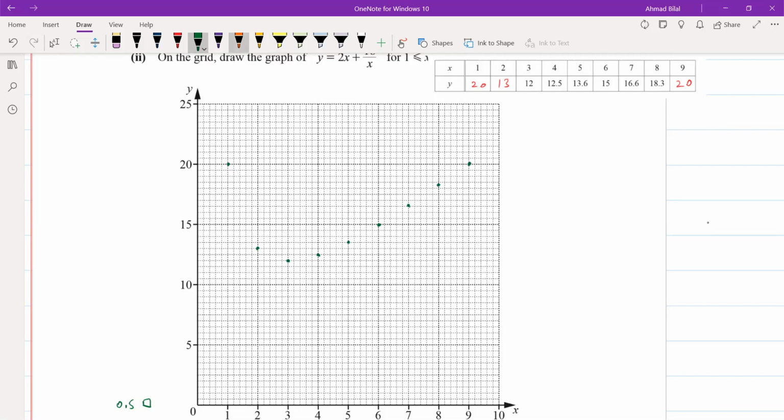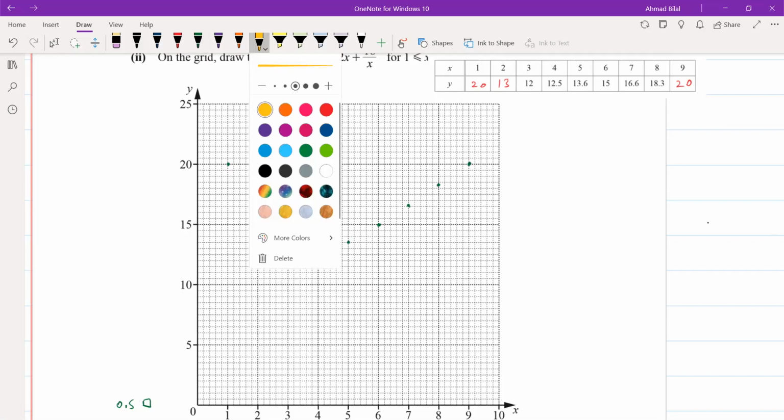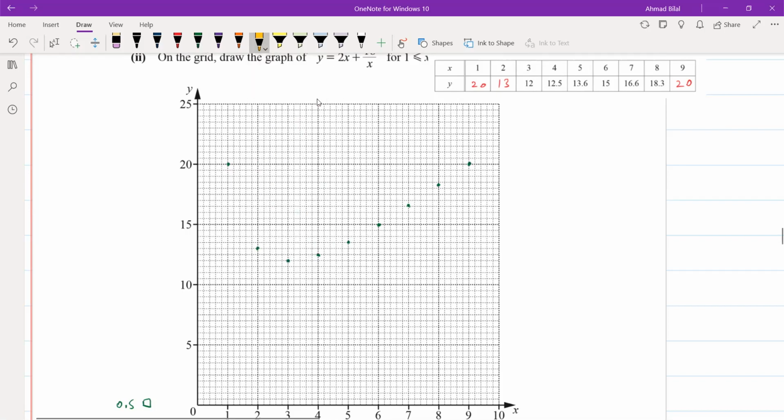Now you just join those points using a smooth curve. So just try to make it a bit smooth. You make something like this. It may take a few attempts, so make sure you do this using a pencil. Yes, like this.